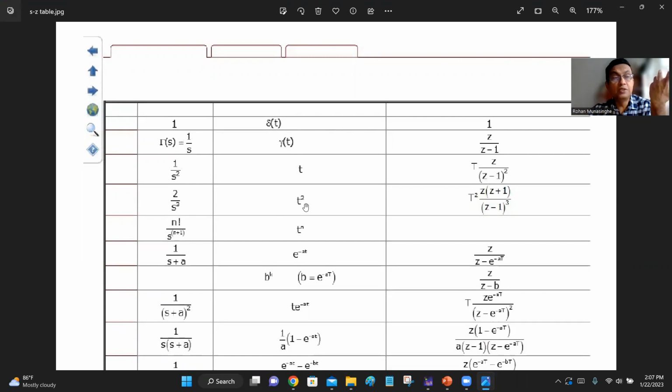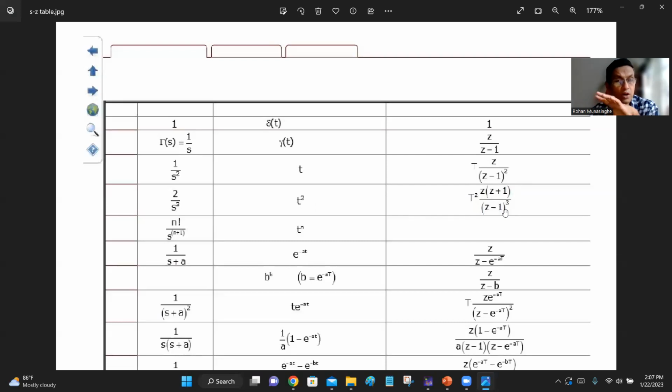So in time domain it is t square, right? And in the Z world, it is sampling time square times z plus 1 over z minus 1 to the 3. All right. So this is what we were looking for, right? And of course, you have to adjust for this 2 because we don't have 2 in our expression. It's 1. So therefore, you have to divide this by 2. So T square by 2. And remember this thing. Is that clear?